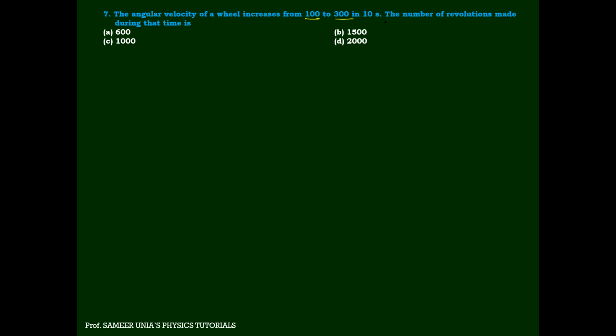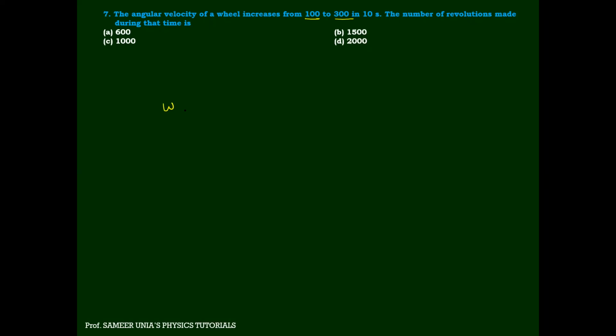Find theta. How to find theta, बोलो? Omega final square is omega initial square plus 2 alpha theta.